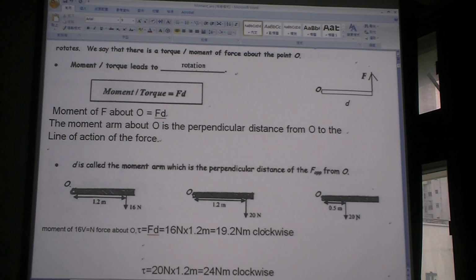And because the force tends to rotate this door in a clockwise manner, we say the moment is also clockwise.